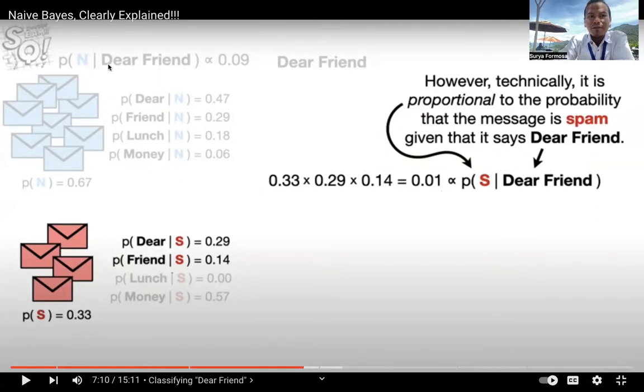Because the probability of dear friend in normal messages equals 0.09, which is higher than the probability of these messages being categorized as spam, 0.01, right? Jadi 0.09 itu pasti lebih besar dibandingkan 0.01. So that's why we categorize this dear friend message as a normal message. Simple, because the score is higher than the probability of spam.